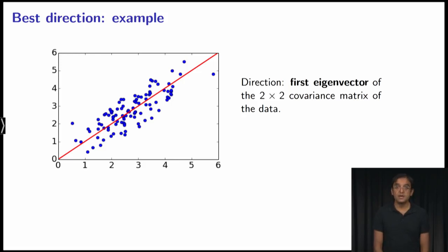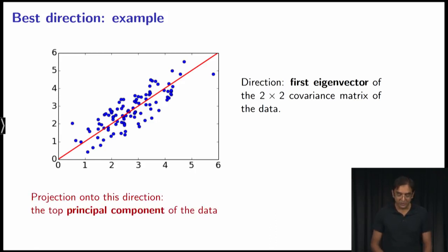So going back to our example, the direction of maximum variance, the top eigenvector of the 2 by 2 covariance matrix in this case, is exactly the direction shown here in red. And when we project the data onto this direction, it's often called the top principal component of the data. This is the simplest case of principal component analysis.